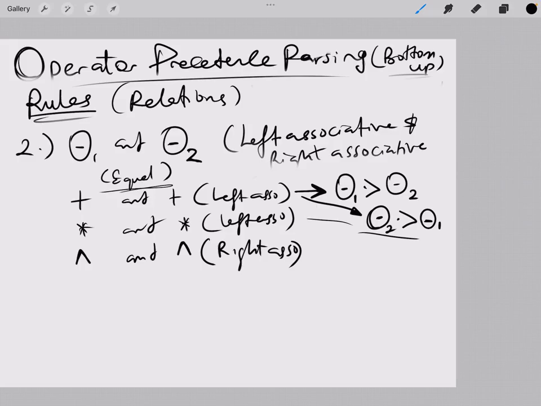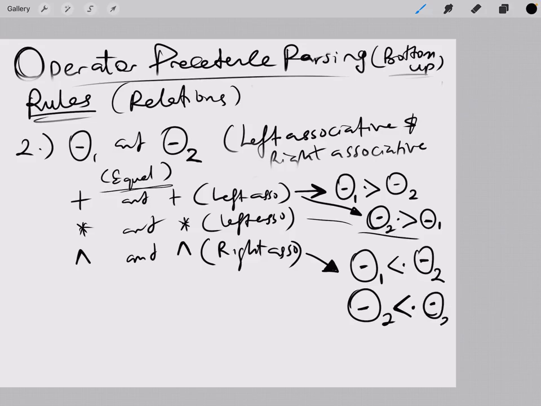Now, what about right associative? Right associative will have this going on. It yields precedence to this guy, and even when the order is reversed, the same still applies. This yields precedence to this. That's what will happen. So you have to know which one is right associative, which one is left associative.